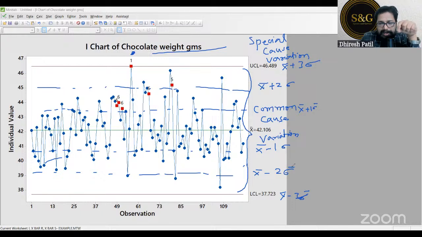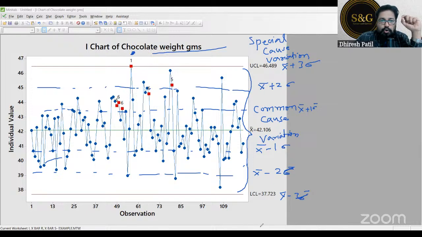And the third red line is x bar minus 3 sigma. Are you clear? So I've just broken this entire graph into 6 parts. Are you understanding this? Just type yes in the chat box. Super clear, everybody? 1, 2, 3, and below also 1, 2, 3. Above and below the x bar, I have just made 3 equal parts.